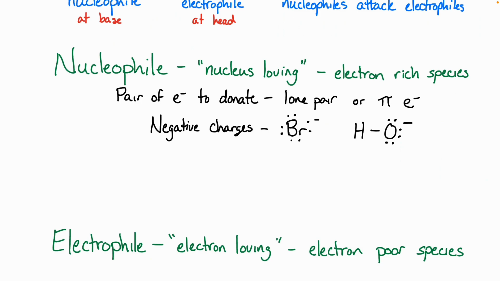All right, but they don't have to have negative charges. They can also be neutral. We saw our alkene pi bond is an example of that. All right, water with its lone pairs can also be a nucleophile.